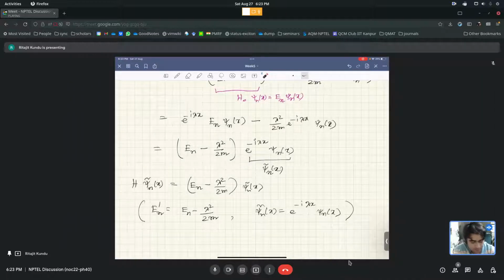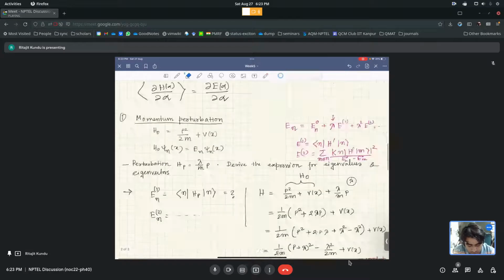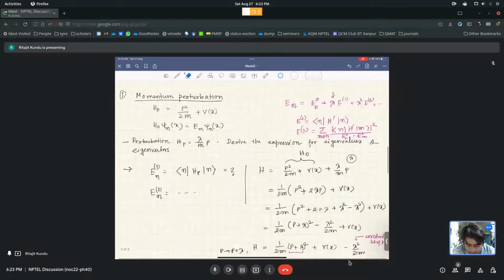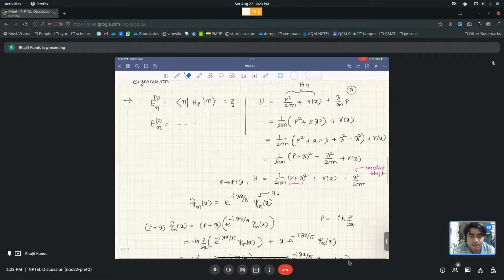Okay, so I guess this is clear, so let us move on to the next one. In quantum mechanics there are only a handful of systems which you can solve exactly, and in most cases we have to go to perturbation theory and do approximate calculations.